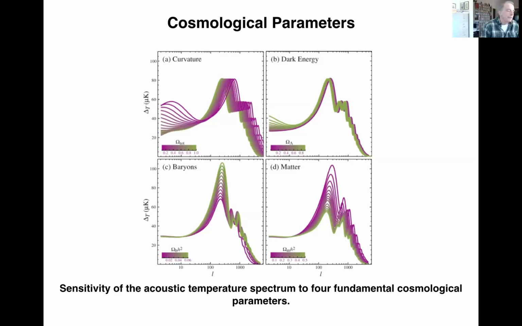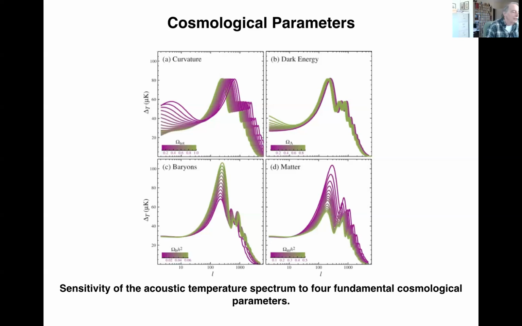So again, by curve fitting these different choices for the parameters of the universe, you can find a set of parameters that best fits this angular structure of the CMB.